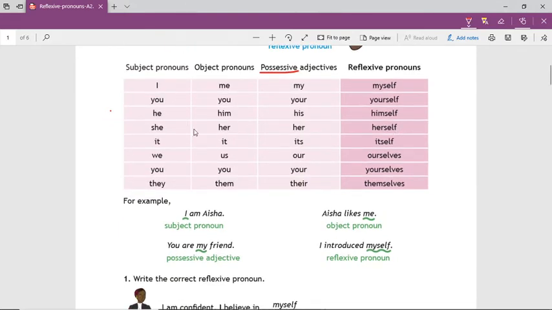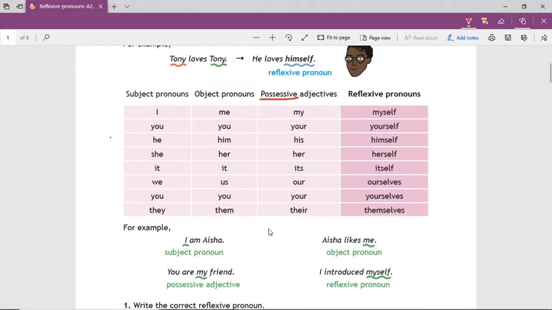She, her, or her becomes herself. It or its becomes itself. We, us, and our becomes ourselves. You and your becomes yourselves. They, them and their becomes themselves.